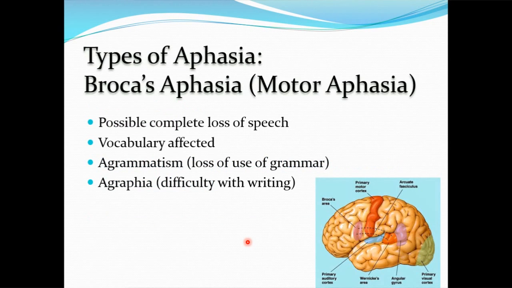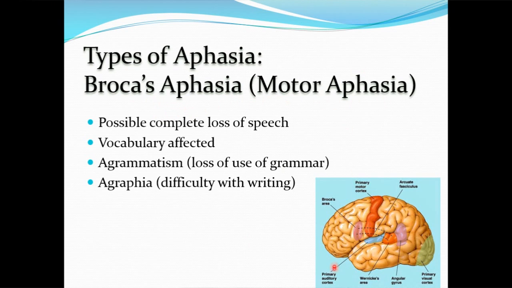Now, there are many different types of aphasias. The two that we're most familiar with are Broca's aphasia and Wernicke's aphasia. So let's look at Broca's aphasia first. What one needs to understand about Broca's aphasia is that it's a motor aphasia.